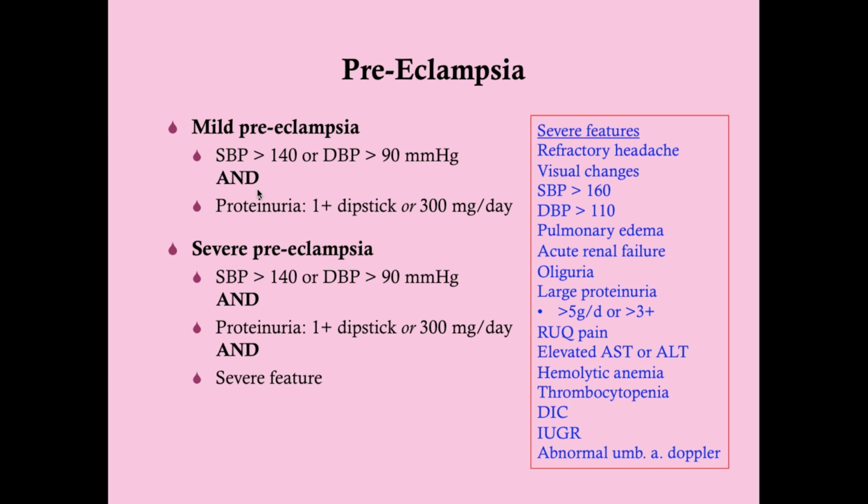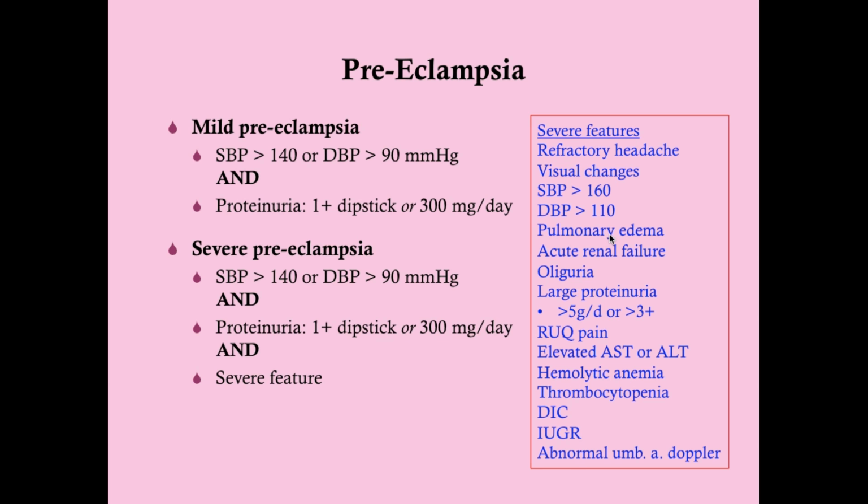It's the same threshold for blood pressure as mild preeclampsia. But if that blood pressure exceeds 160 systolic or 110 diastolic, then it is severe preeclampsia. So you don't have to have 160 over 110 to be severe, but if you do have 160 over 110 in the presence of proteinuria, then you do have severe preeclampsia.